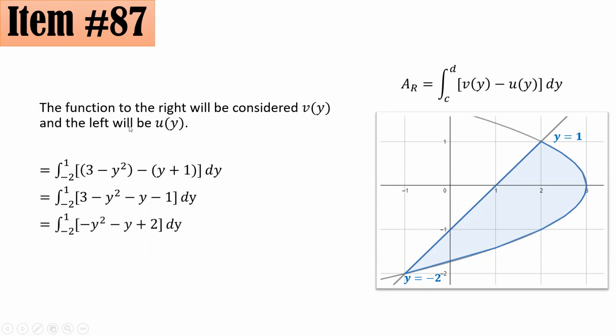Simplifying the subtraction part gives you negative y squared minus y plus 2 dy, integrating that from negative 2 to 1. Okay, so kung laging integrate po tayo, ano po yung ginagawa natin? Nag-a-add po tayo. So sa power rule naman ng integration, plus 1 tayo sa exponent.